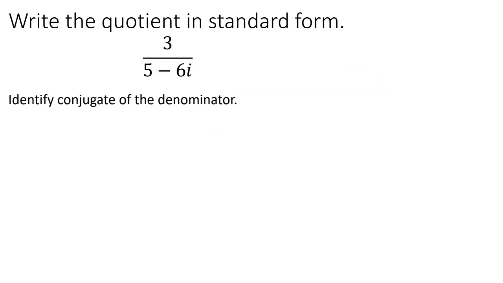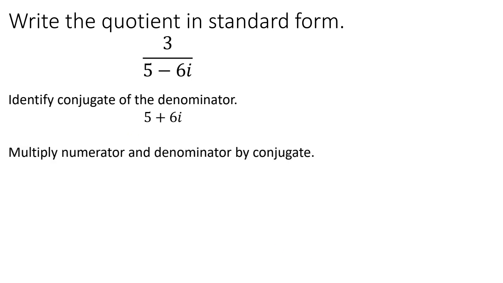And the conjugate is going to be the opposite sign of what we have here. So you keep the same real part, the same imaginary part, but you change the sign from negative to positive. Then we're going to multiply the conjugate by the numerator and denominator. So that's going to look like this.